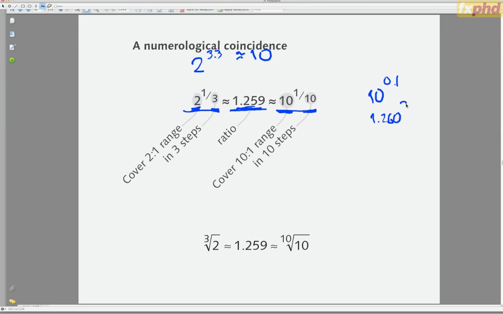Now, 3 of those increments gets you a power of 2. So 0.1 density is about 1.25 ratio. A 0.3 density is a ratio of 2. So 10 to the 0.3 is about 2. So we talk about a 0.3 ND filter, that's equivalent to a stop.